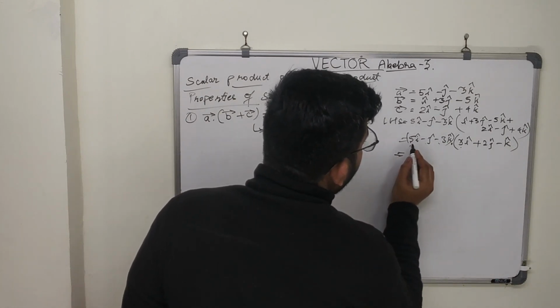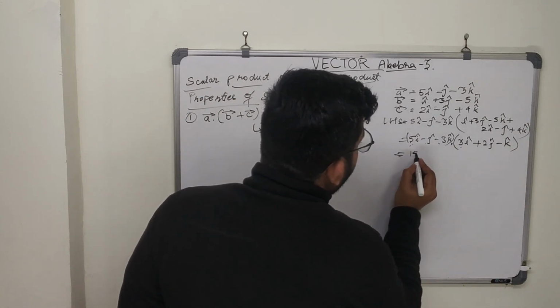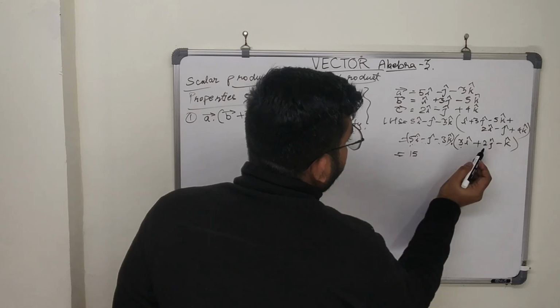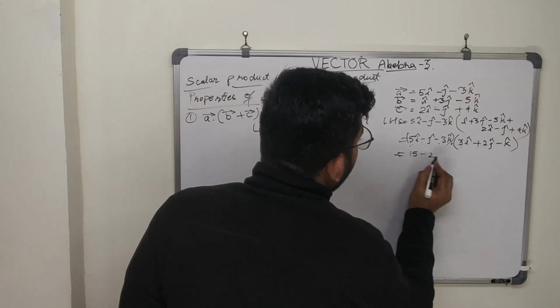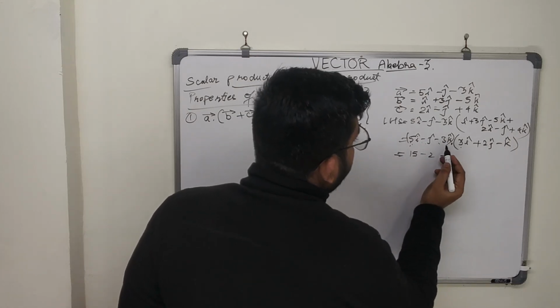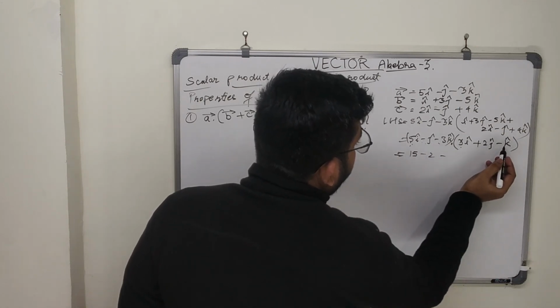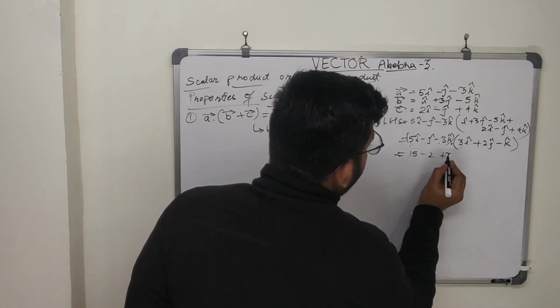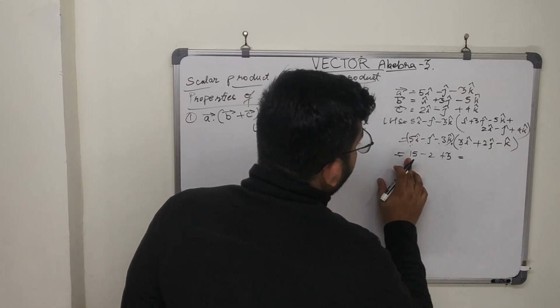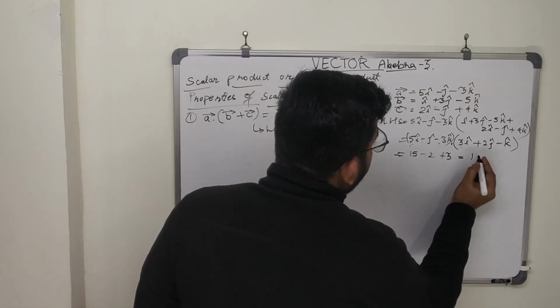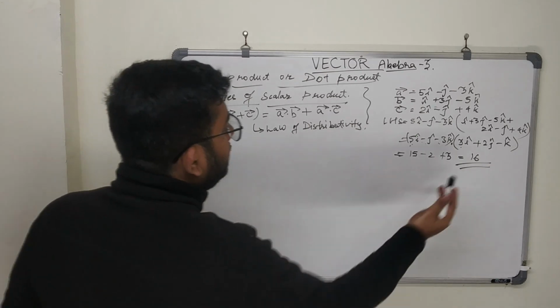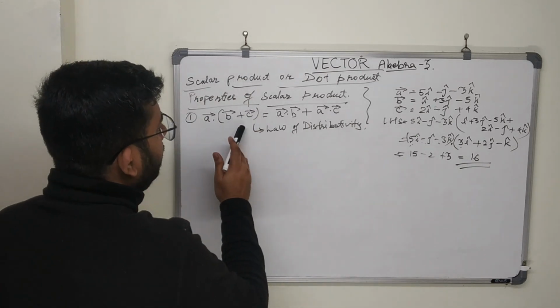So this will be equal to 5 into 3, that is 15, minus 1 into 2, that is minus 2, plus minus 3 into minus 1, that is plus 3. So this will be equal to 15 plus 3, 18, minus 2, that is equal to 16. So this is the LHS of this property.